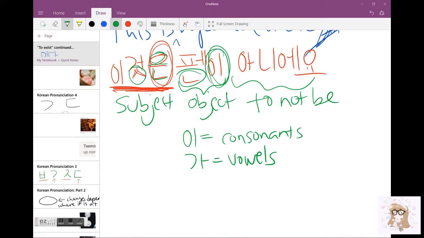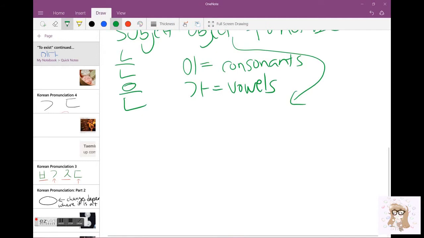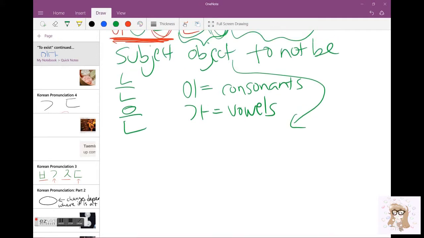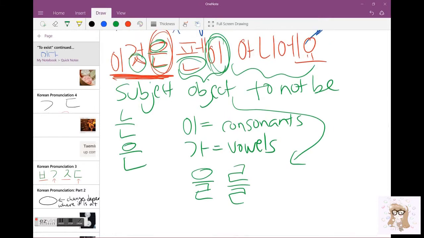And I remember the subject here is either nun for vowels or un for consonants. Now, I think you have also been told, I don't know if I mentioned it, that another way to point out an object in a sentence will be eul or reul, but for certain reasons I'll explain later, they put e. Okay?